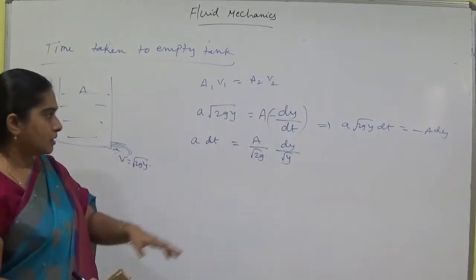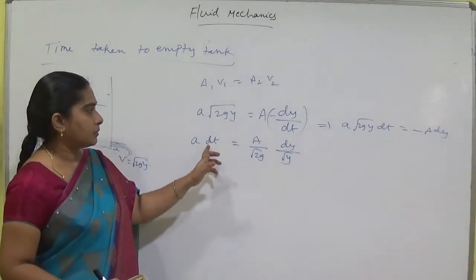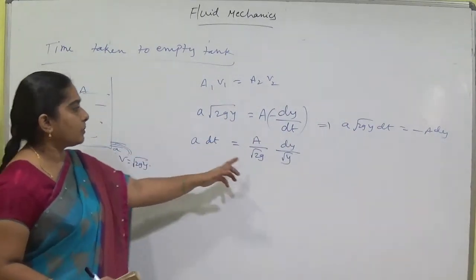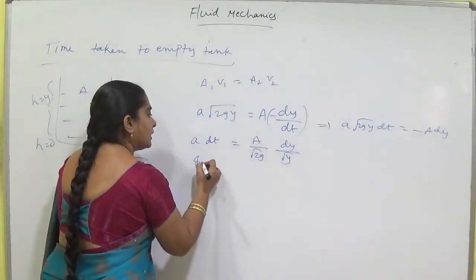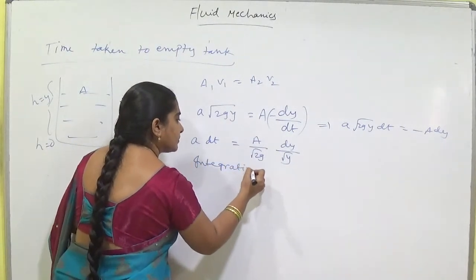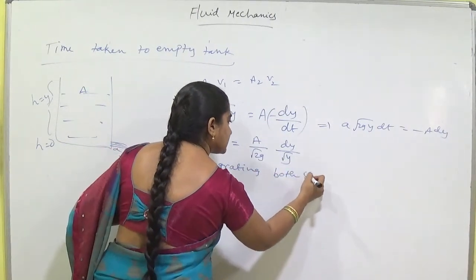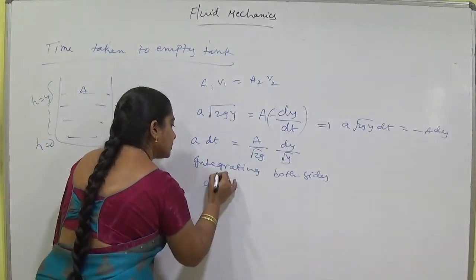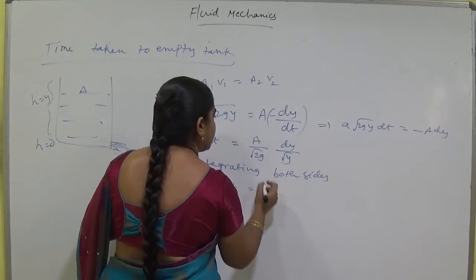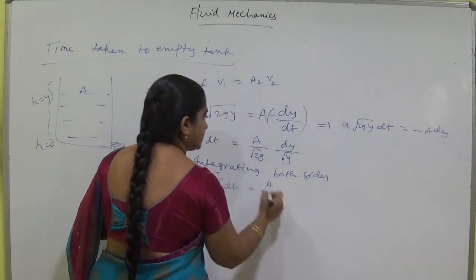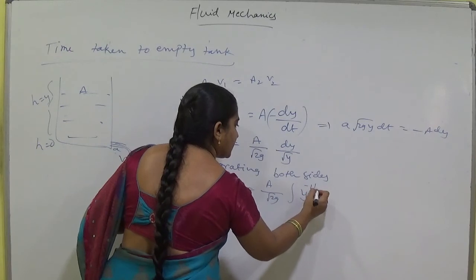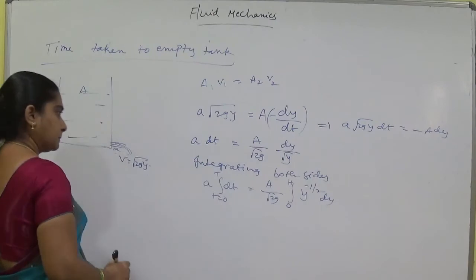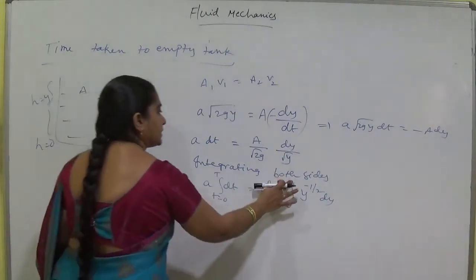We do not know the flow through the cross-section area in time t. So integrating both sides: A into integral dt, t from 0 to t, is equal to a by root 2g constant, y power minus half dy, from 0 to small h.